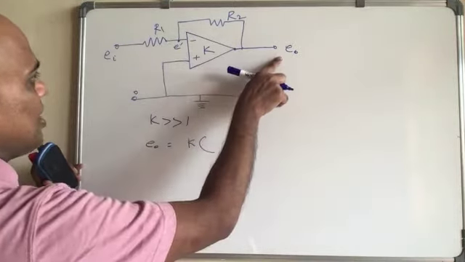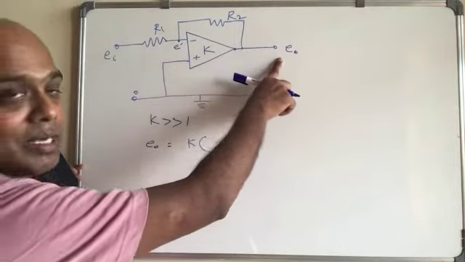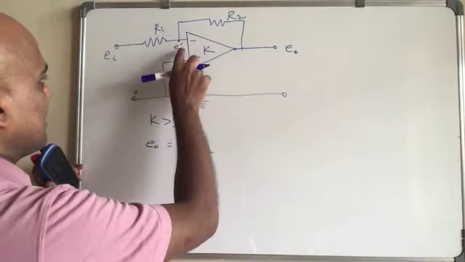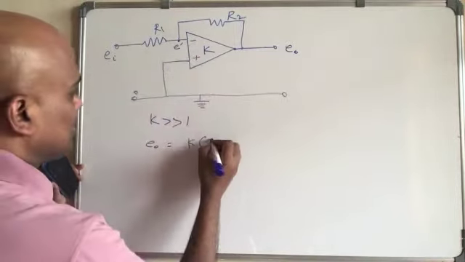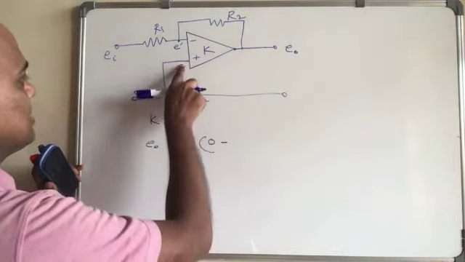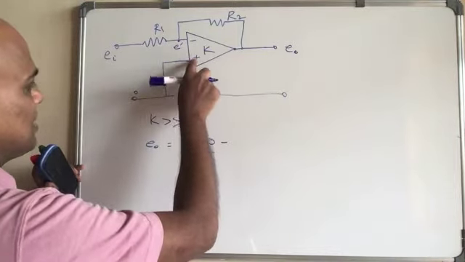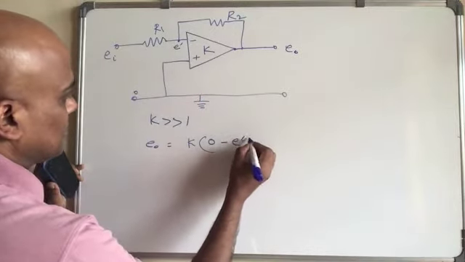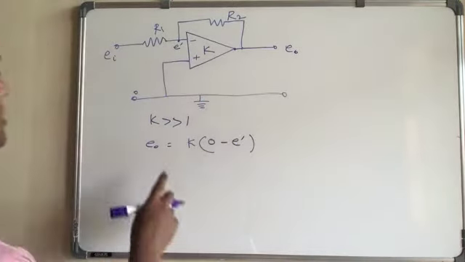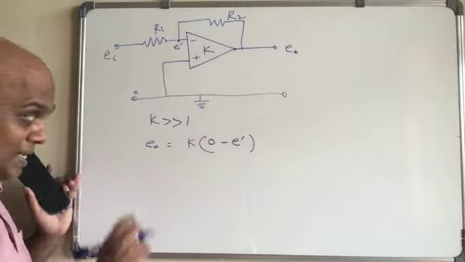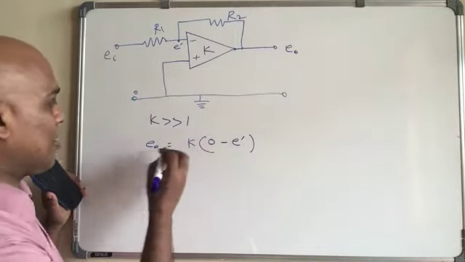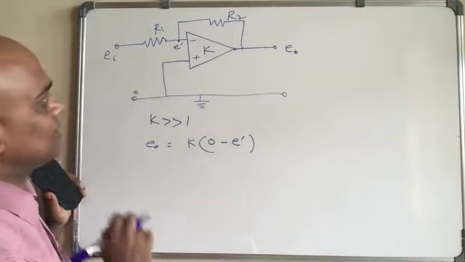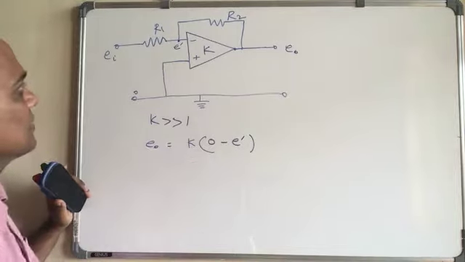So E naught, or E out, will be equal to 0 minus E dash, that is, minus E dash. So this is what the E out is, this is one thing that we get.